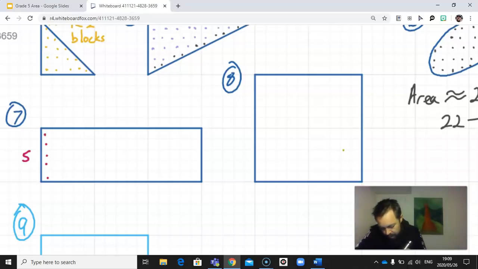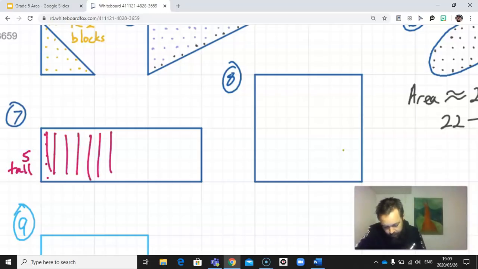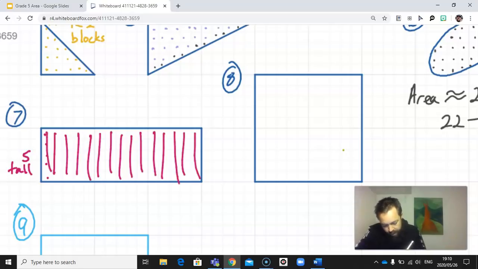This is 5 blocks tall. And that means that this is 5, 10, 15, 20, 25, 30, 35, 40, 45, 50, 55, 60, 65, 70, 75. So my area is equal to 75 blocks.